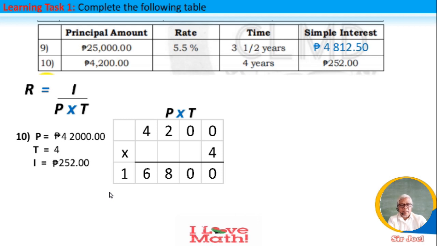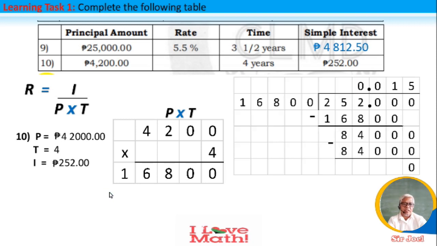Okay? Next, 252 pesos divided by 16,800. So, obviously, we cannot divide 252 by 16,800. Pag nag-move tayo one place to the left, 2,520, hindi pa rin pwedeng i-divide by 16,800. So, move ulit tayo one place to the right. It is now 25,200 divided by 16,800, which of course is equivalent to 1.